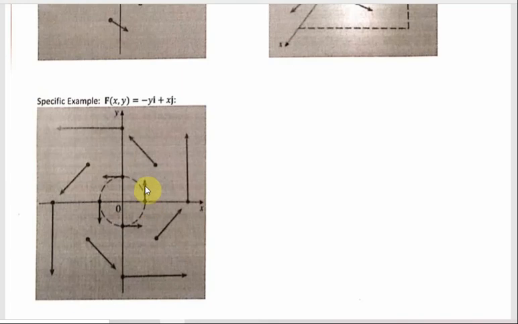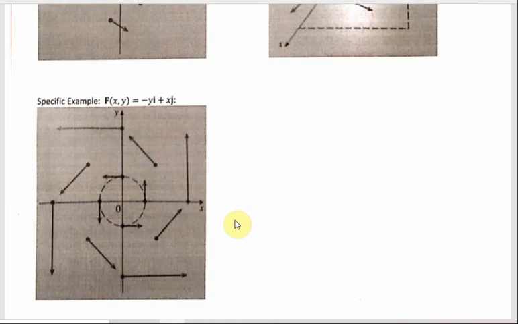So that should just go up 1. Or here you're at (0, 1), so the vector that you get should be negative i, right? Negative i plus 0j. So negative i would be 1 to the left. So like that.